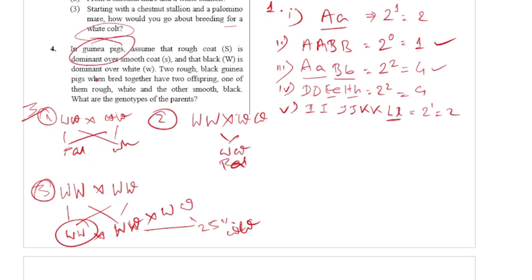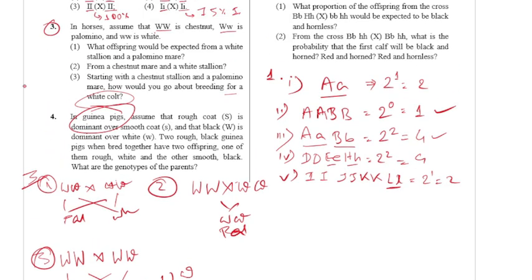So this could be a possible approach. Oh, sorry. The guinea pig is question number four. We are solving question number three, and this was a horse. Yeah, this is a horse.